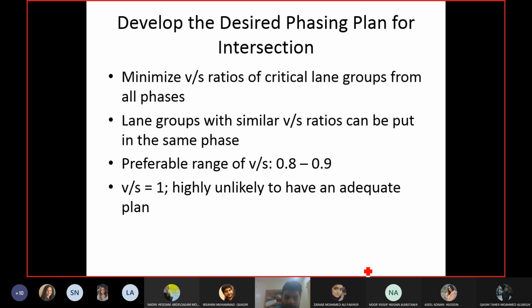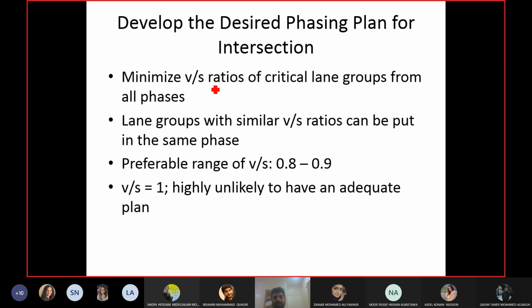Then you would go for developing the phasing plan. I will show you with an example what are the things we can look for developing the phasing plan. But our main aim is to minimize the summation of V upon S ratio for all phases. Develop the phasing plan in such a way that when you add V upon S ratio for all phases, it is minimized.